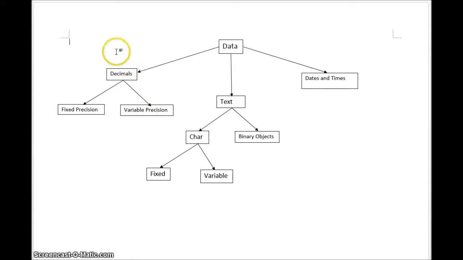This first type on the left is the decimals type, which are basically your numbers that you're going to use regularly. Here we have a split into two different types, fixed precision and variable precision. Fixed precision is interesting because it uses an exact, memory intensive way to store the data.